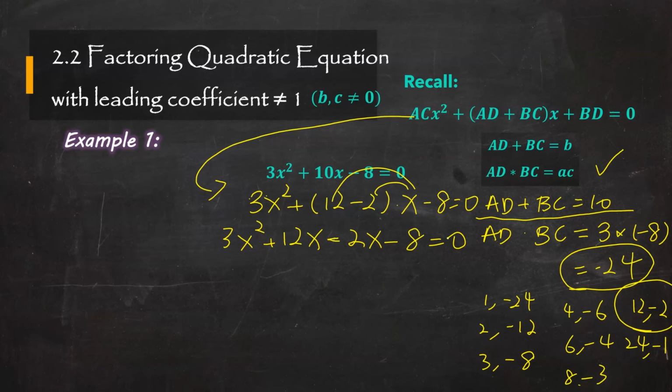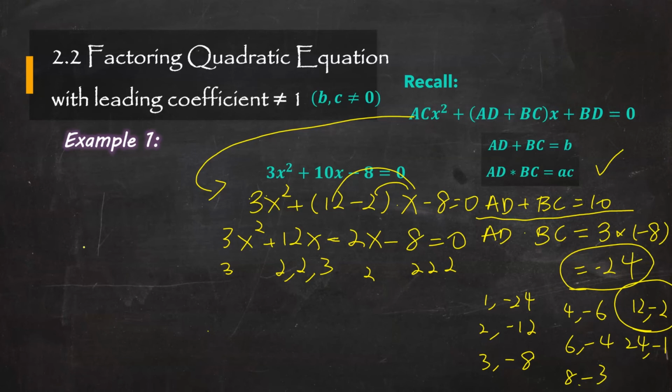So here, let's see the common factor of each coefficient. Here is 3, and for 12 I would say it's going to be 2, 2, 3, right? And for 2 it's just 2, and for 8 it's 2, 2, 2. Okay, so now I have to group the terms that share at least one common factor, right?